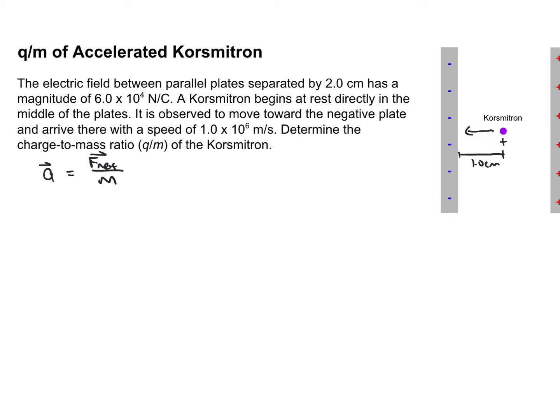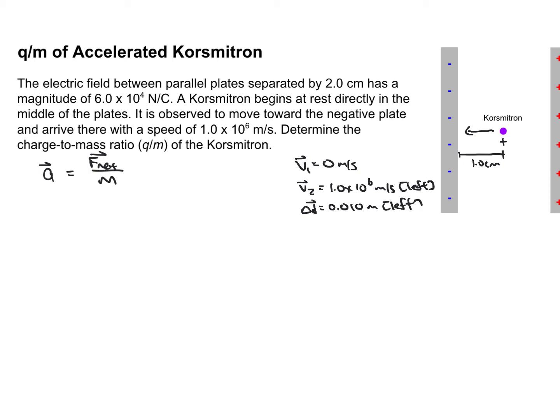The left side, the acceleration, can be adjusted based on the big five equations with kinematics, because we're given that it starts at rest. It ends with a velocity of 1.0 times 10 to the 6 meters per second left. And the displacement is 1 centimeter, or 0.010 meters left.